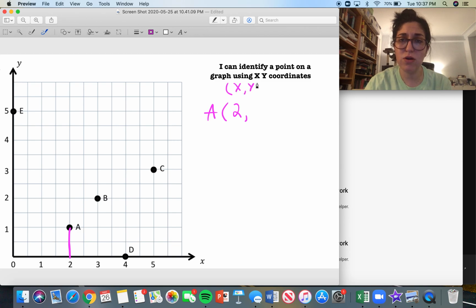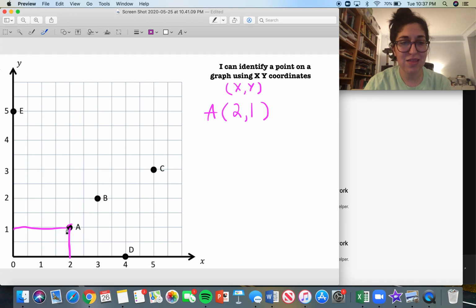What's the x coordinate? What's the y coordinate? So for A, how far across is it? It's exactly 2 across. And how high up is it? It's exactly 1 up. So A is located at 2 comma 1. In other words, it's 2 across and 1 up.